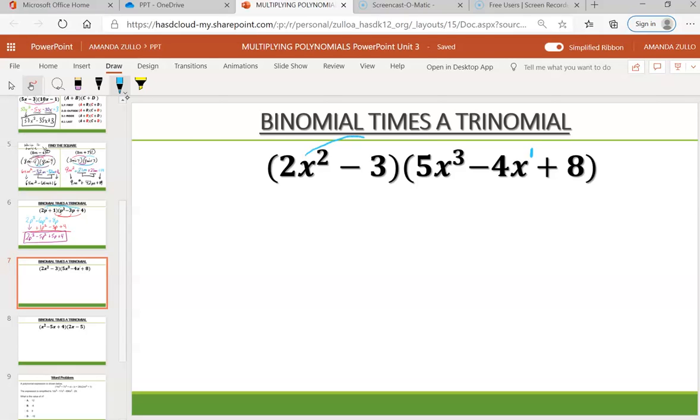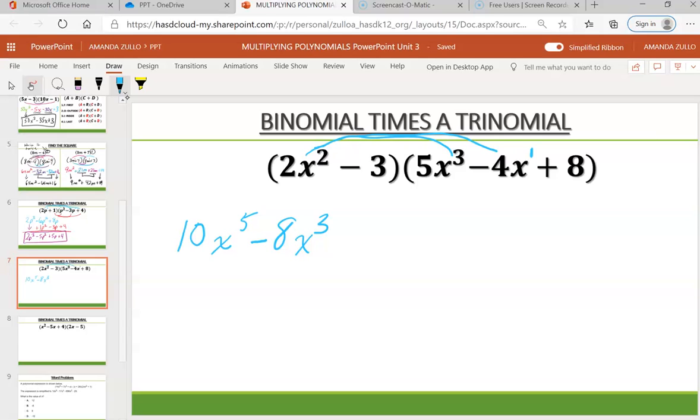So we have 2x to the second times 5x to the third. 2 times 5 is 10. x2 times x3 is x5, because 2 plus 3 is 5. Now we have our 2x to the second power times our negative 4x to the first power. Positive and negative is a negative. 2 times 4 is 8. x2 times x1 is x3, because 2 plus 1 is 3.